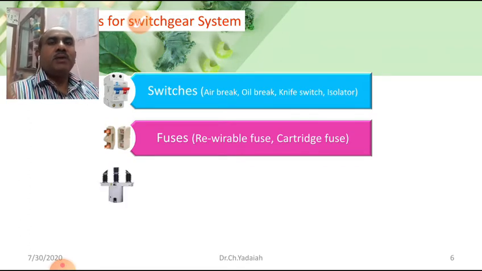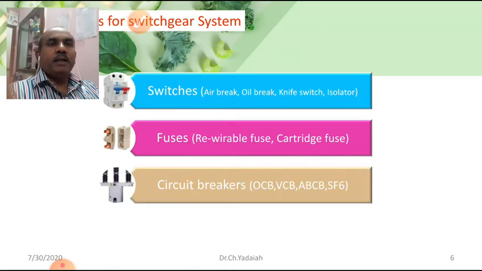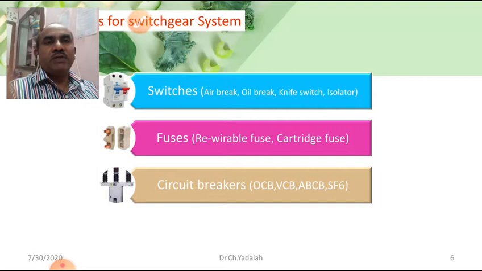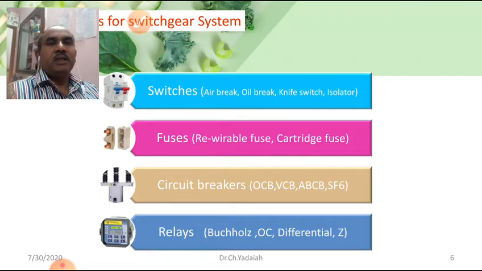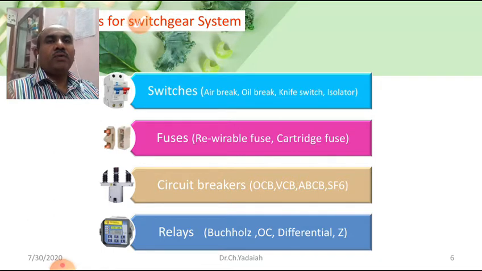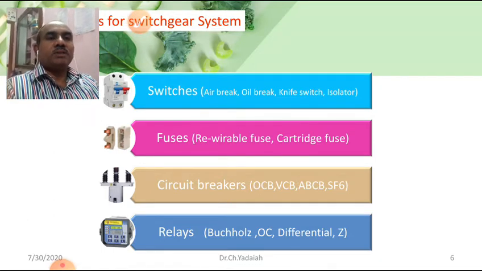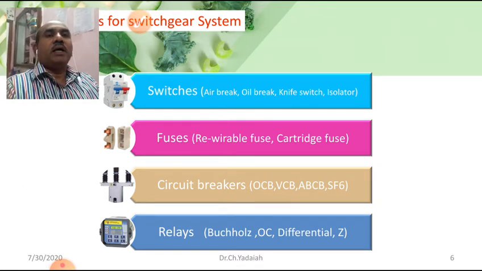Now this is a circuit breaker, and circuit breakers can be of different types; we already classified them based on voltage, based on the media used, and whether they are outdoor or indoor. And the last one is relays, intelligent equipment, like the Buchholz relay you have observed in our transformers, and overcurrent relays, overvoltage relays, differential relays and impedance relays.